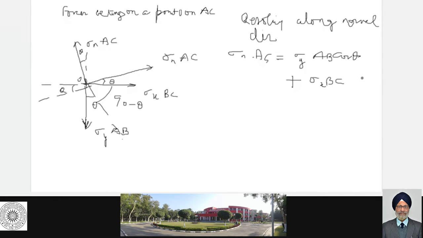Isn't it? So it should be cos theta: sigma x into BC cos 90 minus theta.